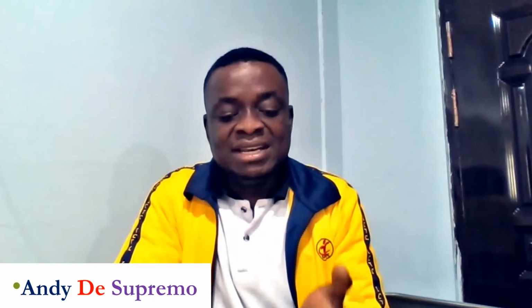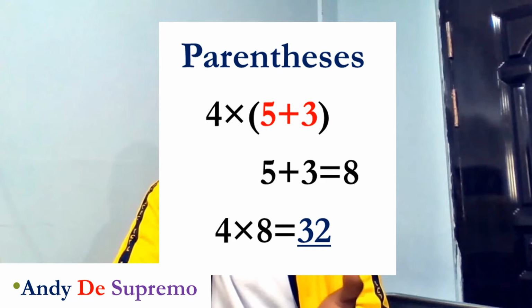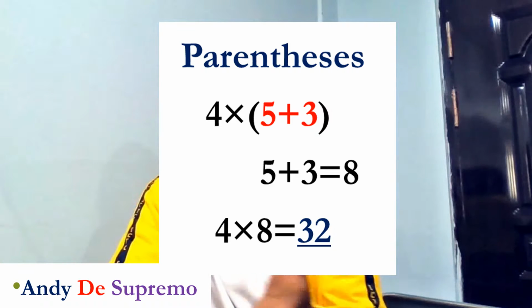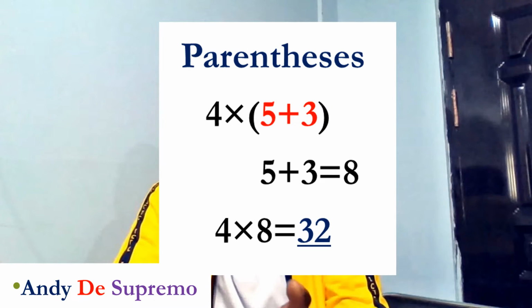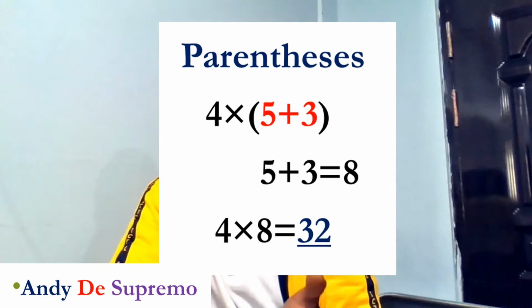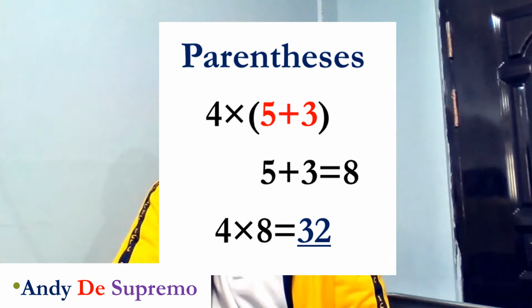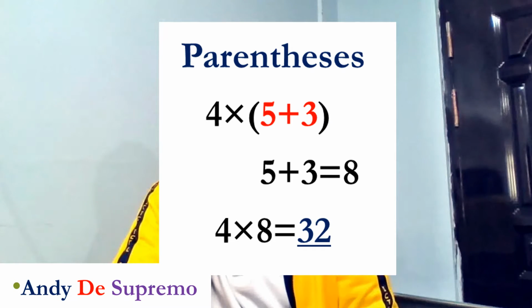So obviously, if you have a situation like this, all you have to do is add 5 to 3, and that will give you 8, and we already have times 4 behind the parenthesis, so 4 times 8 is 32.